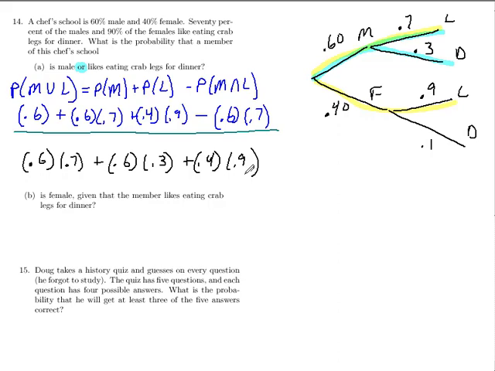Now, part B says, what is the probability the person selected is female, given that the member likes eating crab legs for dinner? So we know L, we're asking the probability of F. Well, that's backwards on our tree, so we use our formula.